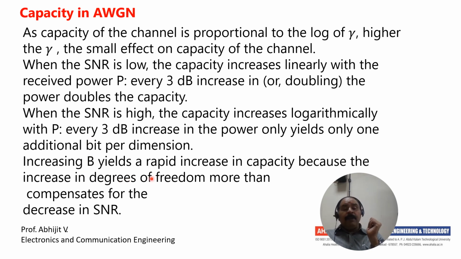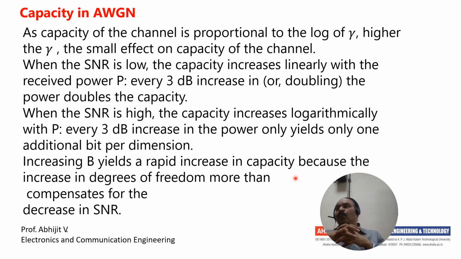Increasing B yields a rapid increase in capacity because the increase in degrees of freedom more than compensates for the decrease in signal to noise ratio, or gamma.